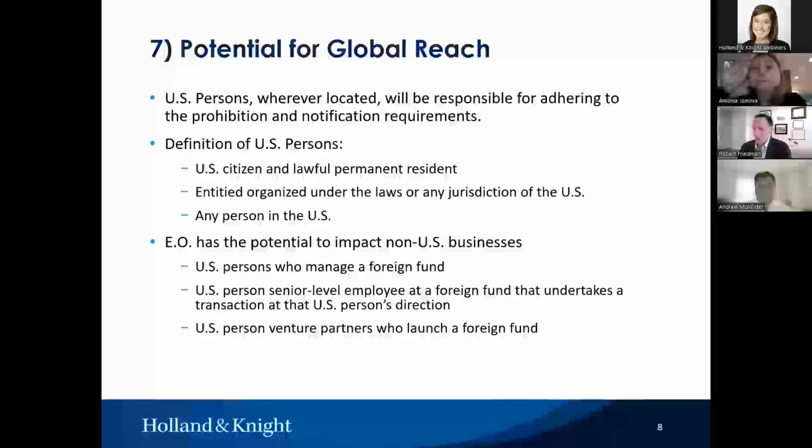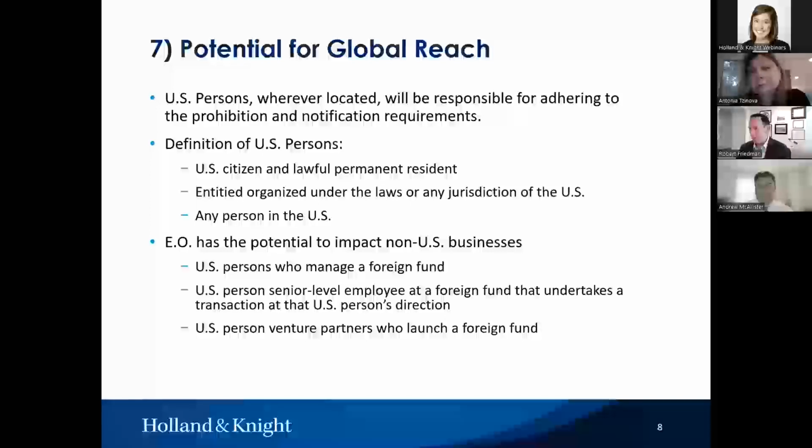So by virtue of the U.S. person's presence on the management committee of a foreign fund by itself would not render all of the investments prohibited, so long as the U.S. person recused himself or herself from particular investments that would be covered.